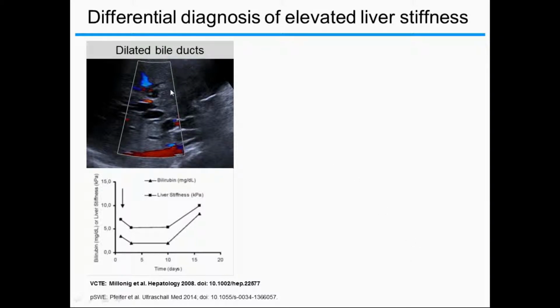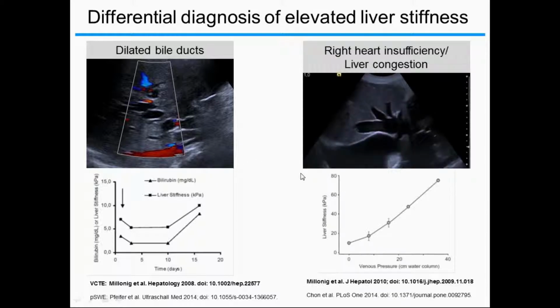This is a patient with bile duct dilatation, and there are nice works showing a direct relation of biliary obstruction and liver stiffness. So after drainage, liver stiffness decreases, and when the drainage does not work anymore, liver stiffness increases again. So in patients with increased liver stiffness, bile duct dilatation needs to be ruled out by sonography.